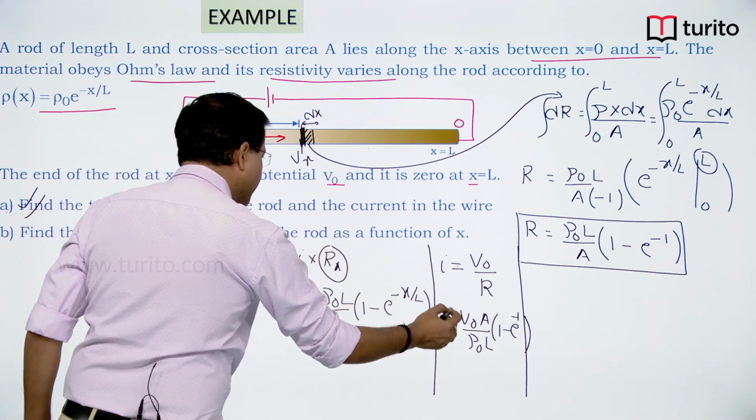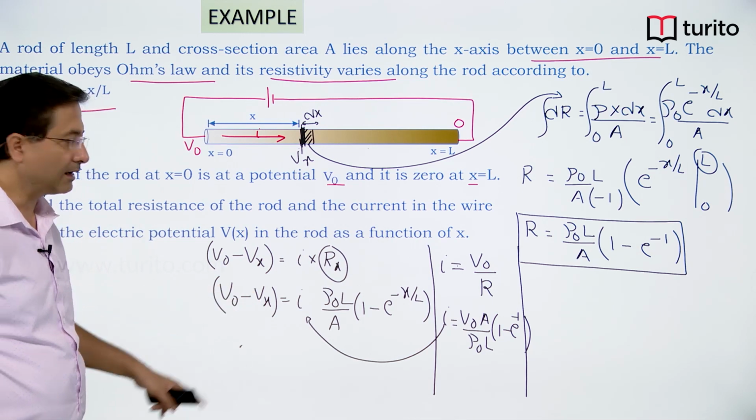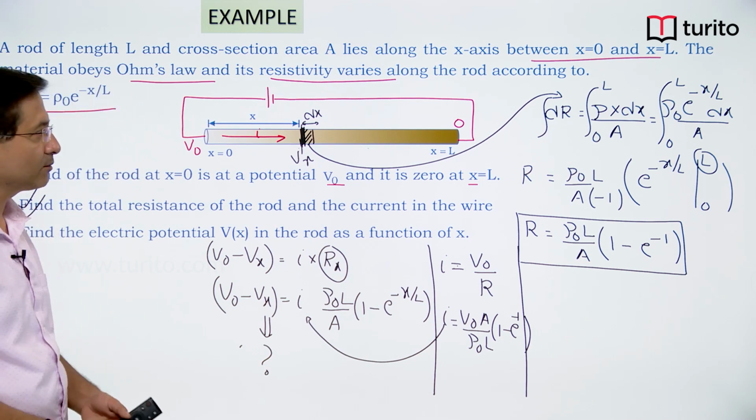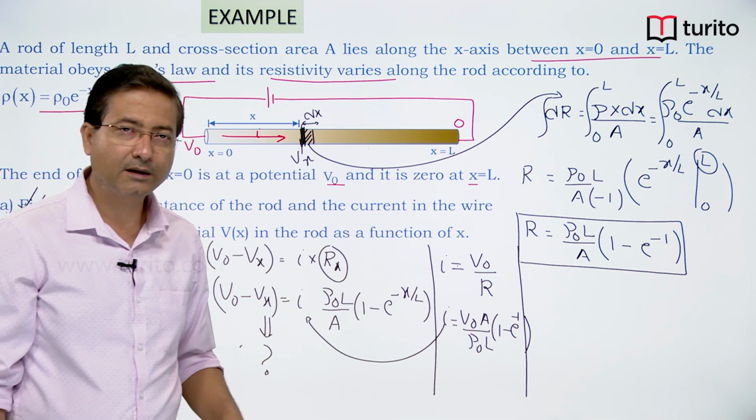This value of current I can substitute over here, and after simplification I can calculate the value of Vx. Simplification you can do. I hope the procedure is completely clear.